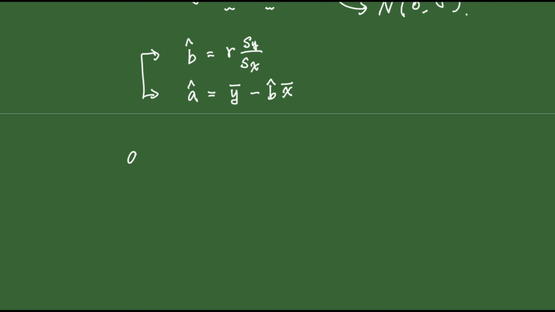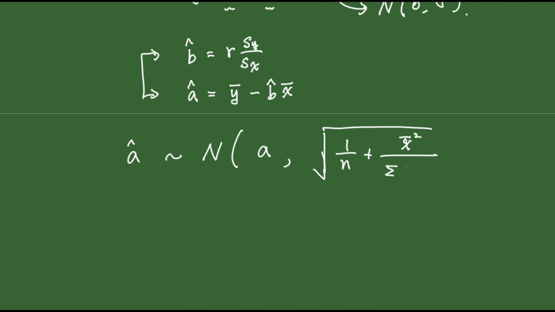And statisticians figured out that this A hat also follows the normal distribution, whose mean is A, and whose standard deviation looks like this: sigma times the square root of 1 over n plus x bar squared over the summation of xi minus x bar squared.